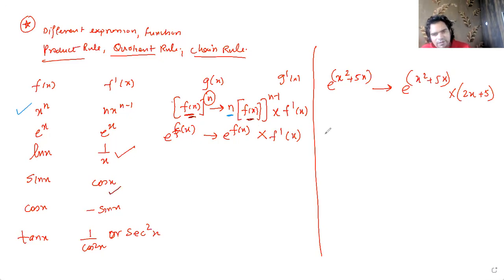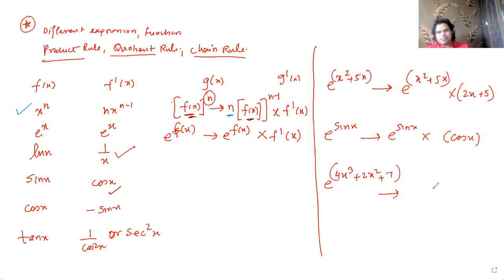Now let's say I have e to the power sine x. Once again, the parent function is like e to the power x. So the derivative will be e to the power sine x times the derivative of sine x, which is cos x. Now let's say I've got e to the power of 4x cubed plus 2x squared plus 7.